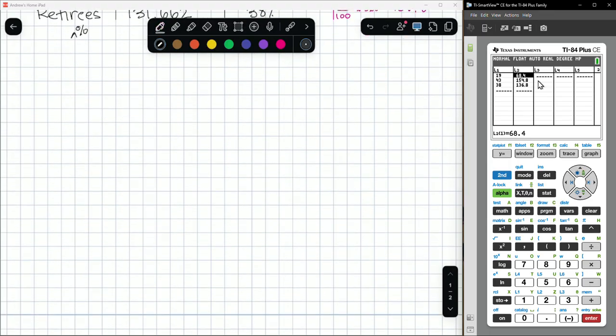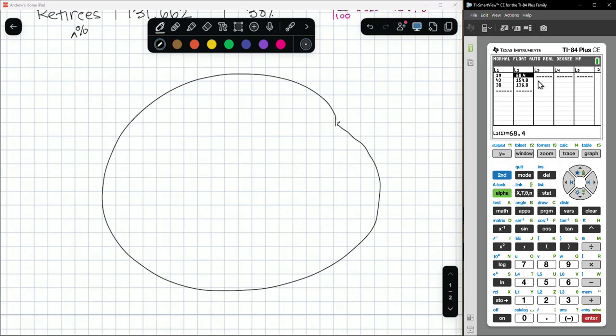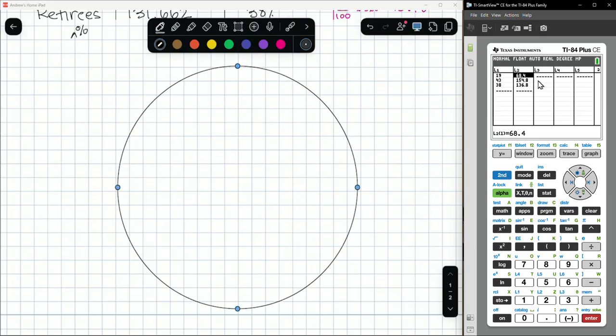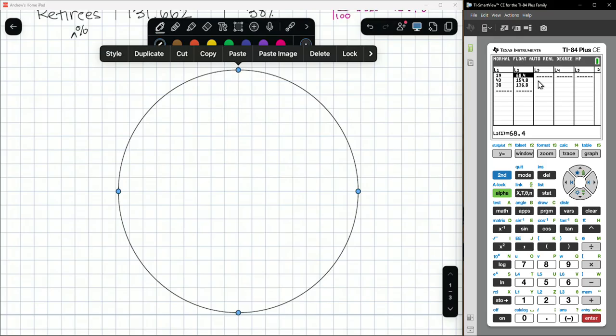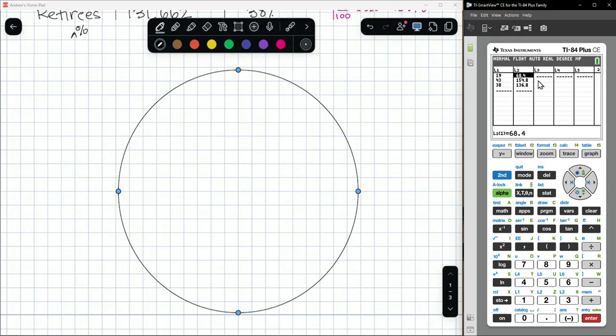And then we go ahead and draw our circle to represent our pie. There we go. All right, so the center of my circle is right here.